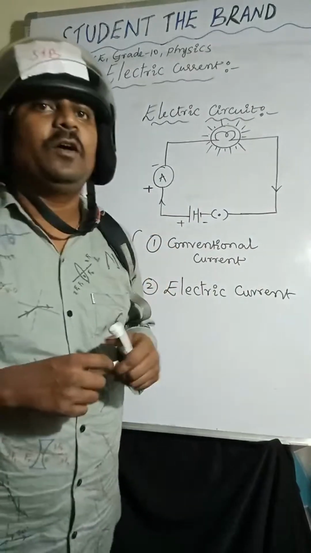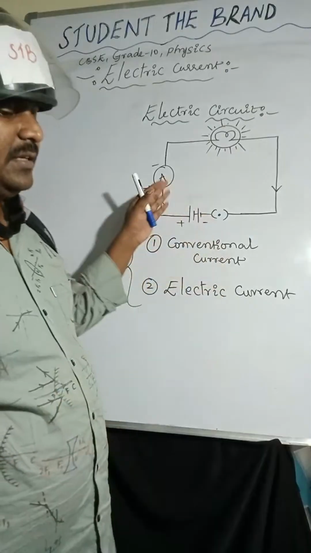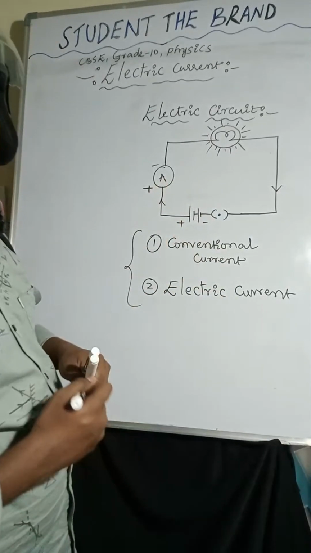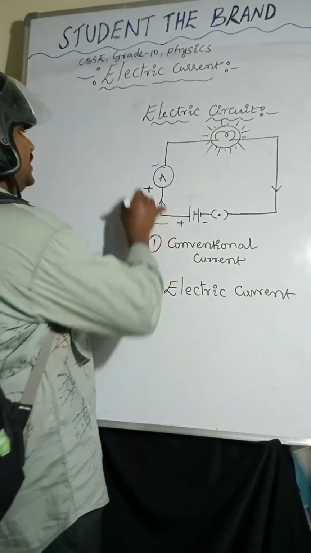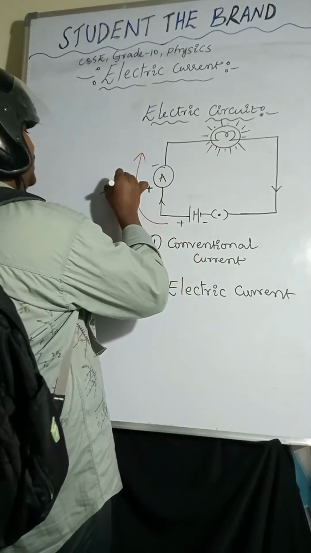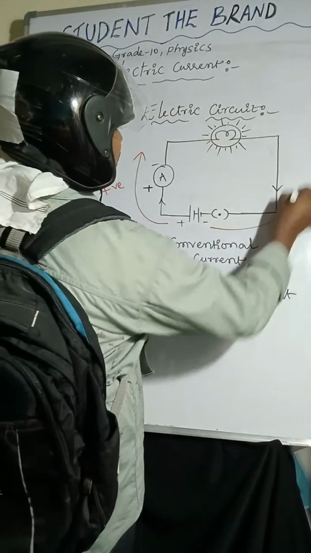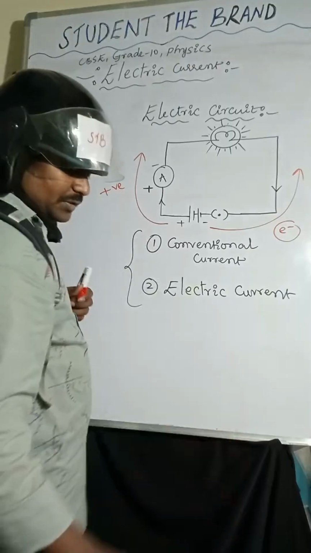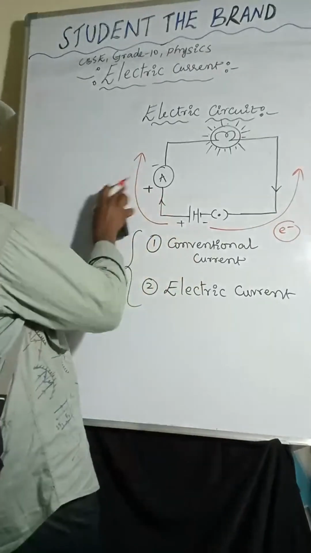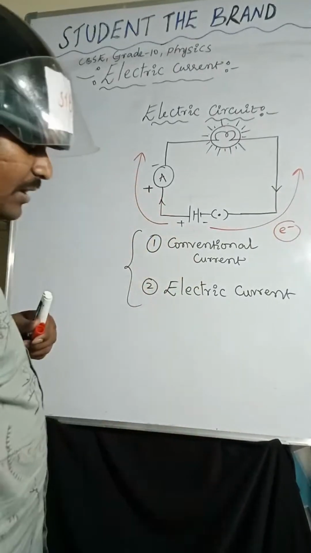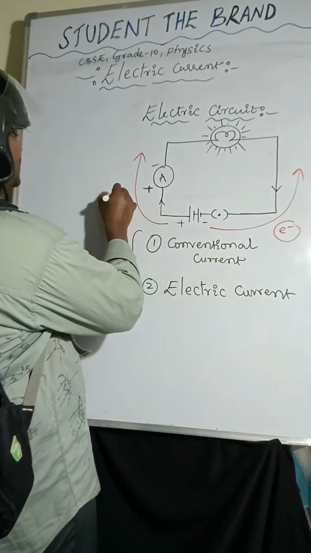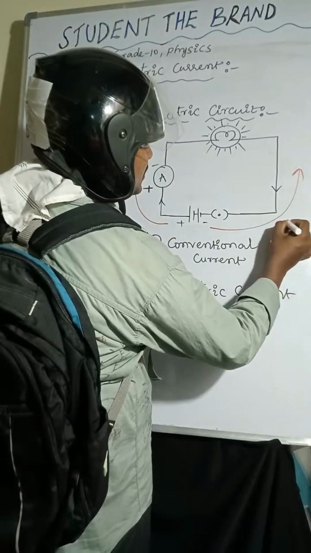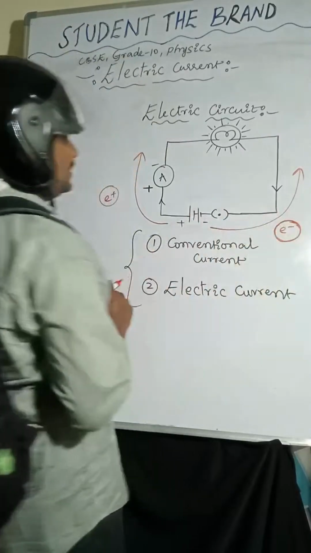The flow of positive charges is known as conventional current. The flow of electrons is known as electric current.